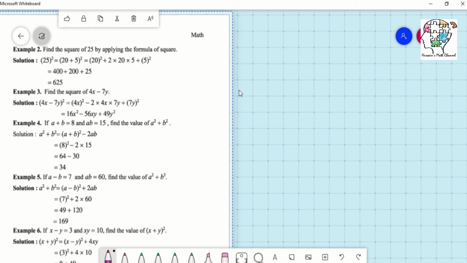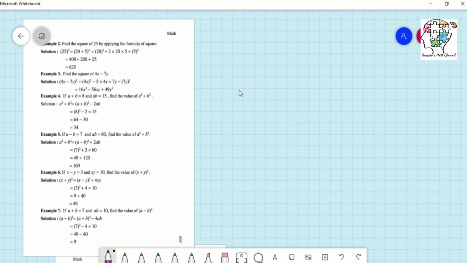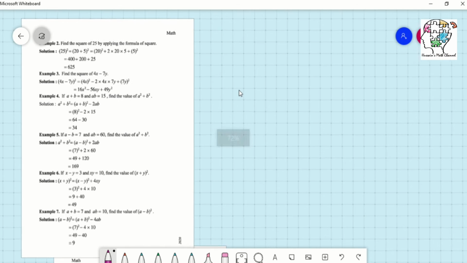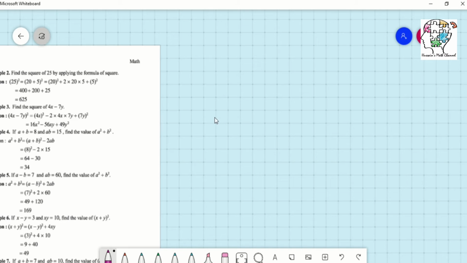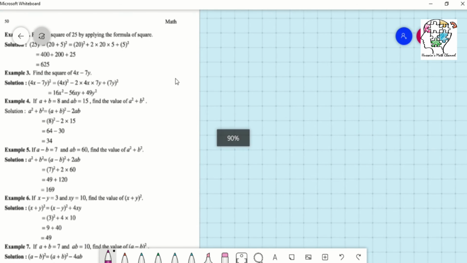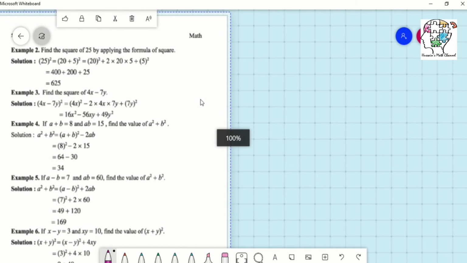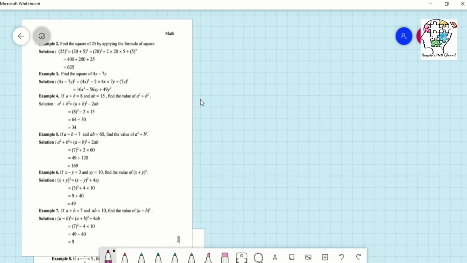Here you easily understand that 25 is rewritten as 20 plus 5, and then we use the formula a squared plus 2ab plus b squared. So we get the answer 625.